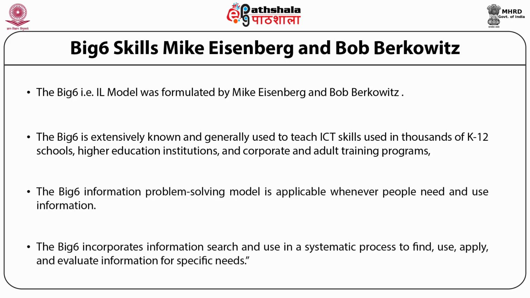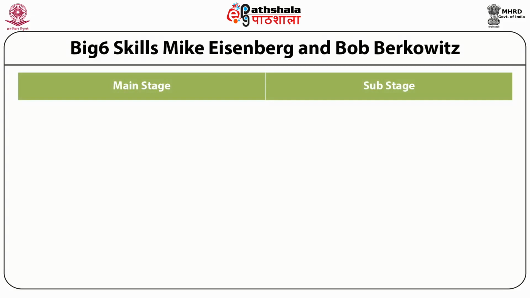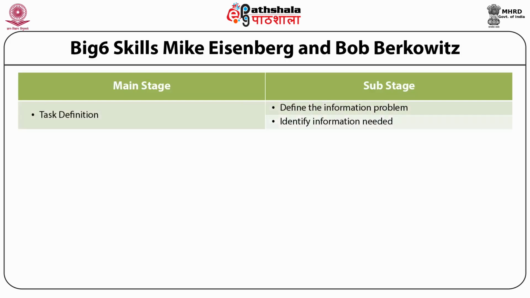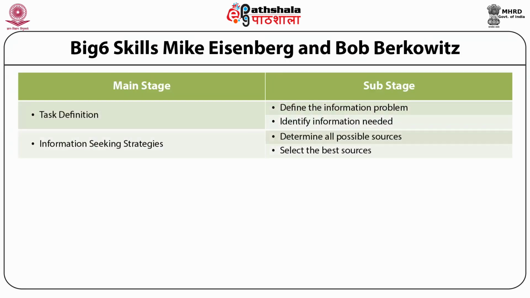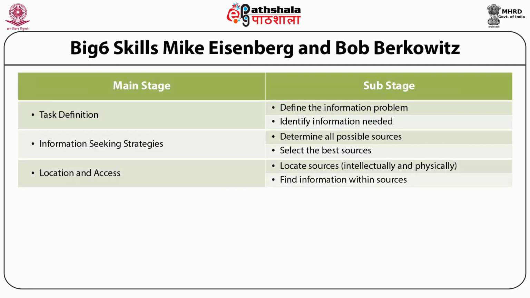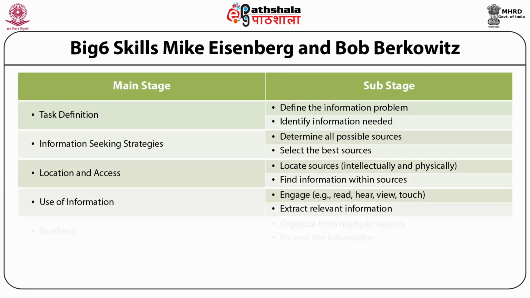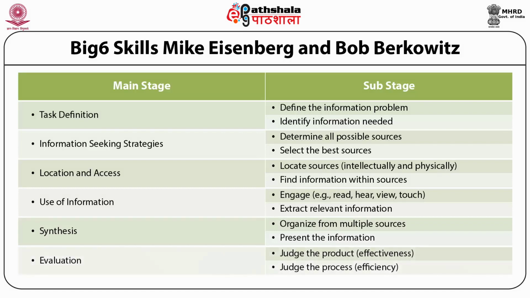The Big Six information problem solving model is applicable whenever people need and use information. The Big Six model has six stages: task definition, information seeking strategies, location and access, use of information, synthesis and evaluation.